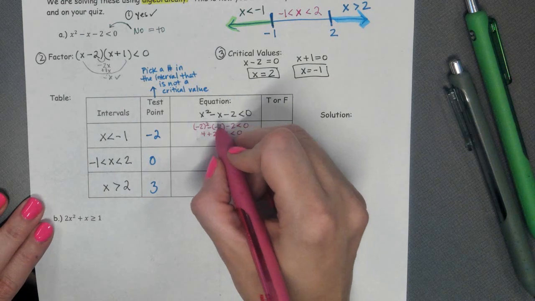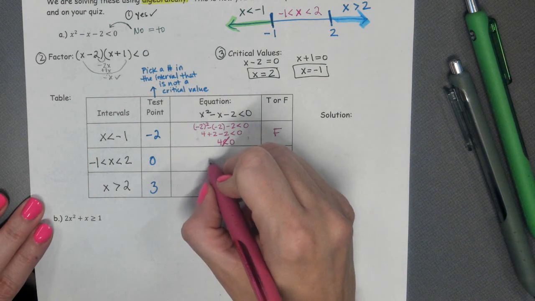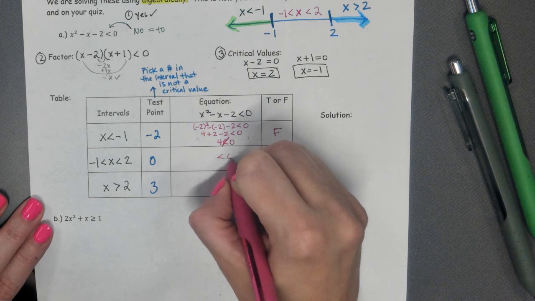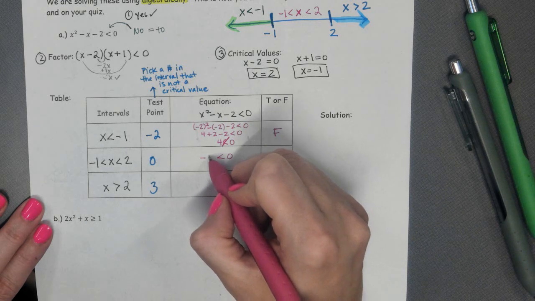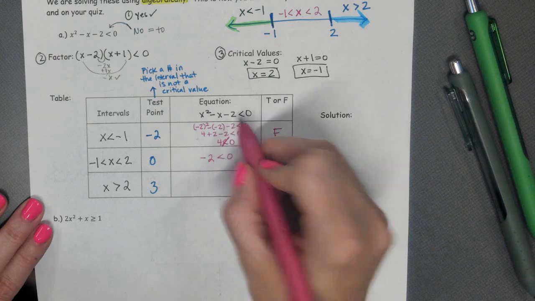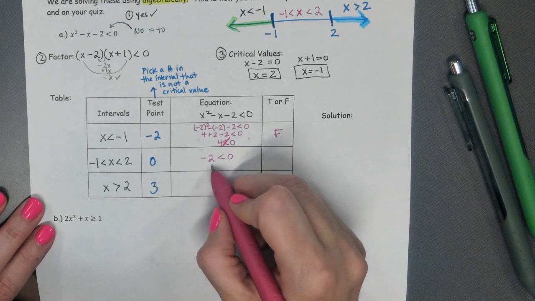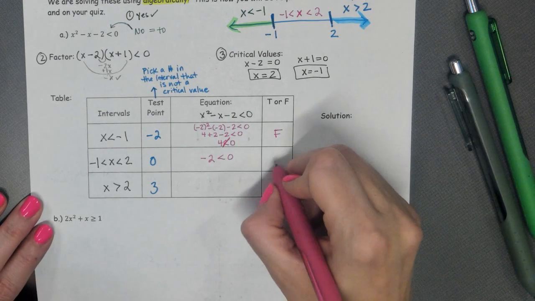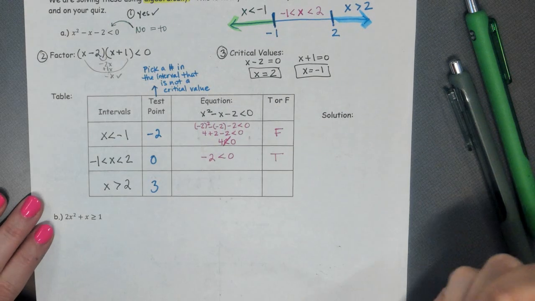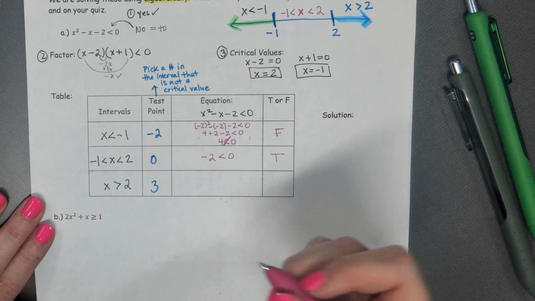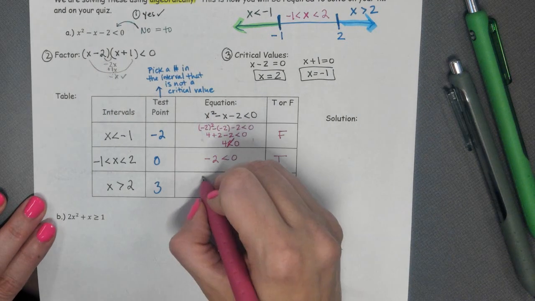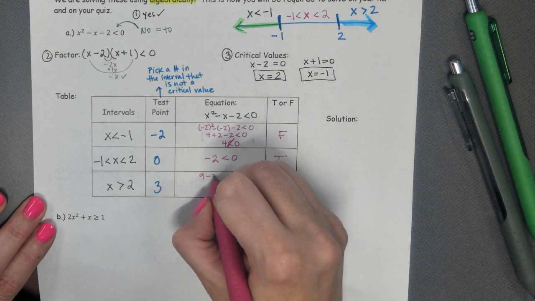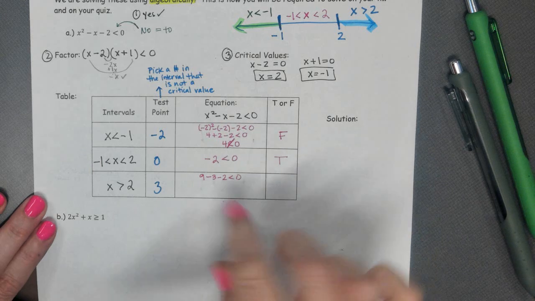Okay, and then if I plug in 0, is it fine if I just plug it in and evaluate it? Okay, because what are we going to have on this side? Just negative 2, because it's 0 minus 2, so negative 2. Is negative 2 less than 0? True. Okay, and then when I plug in 3, when I say I do mental math, what I mean is I do 3 squared, which is 9, and then it's minus 3 minus 2, and then I just simplify.